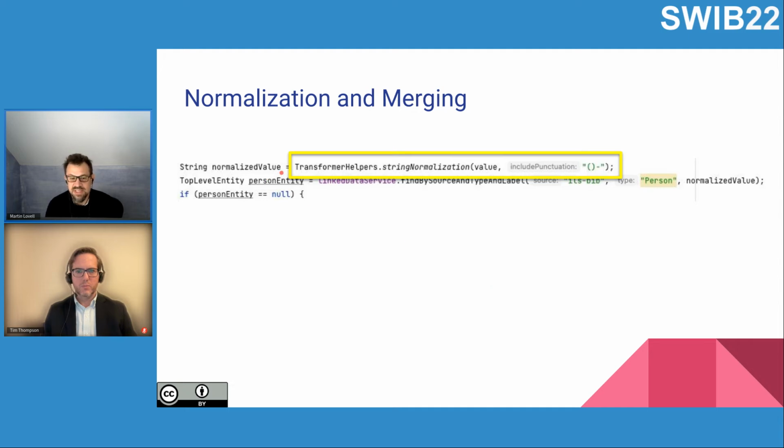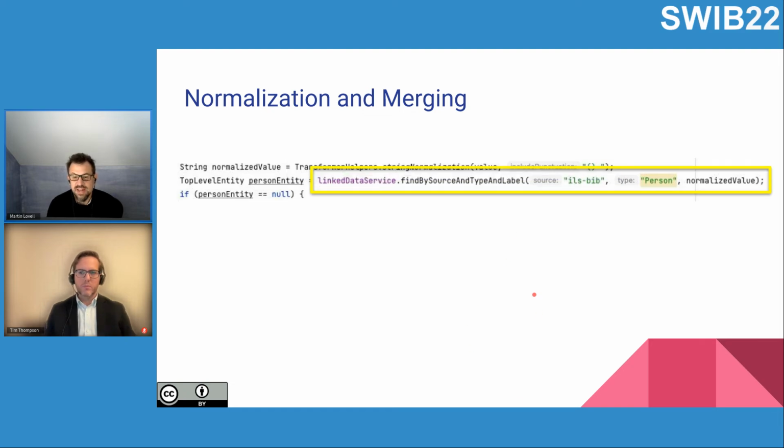So what we typically do, this isn't a function where we create a new person, is we'll take the value from the MARC and normalize it, which means taking out diacritics, normalizing white space, taking out some of the punctuation, and we can tell it to leave some punctuation. And then we go in and look in the database and see if we have that person with the normalized value.